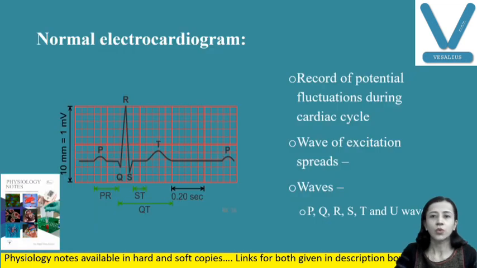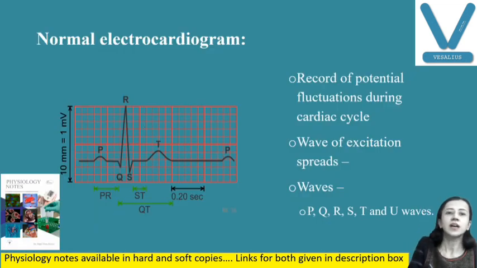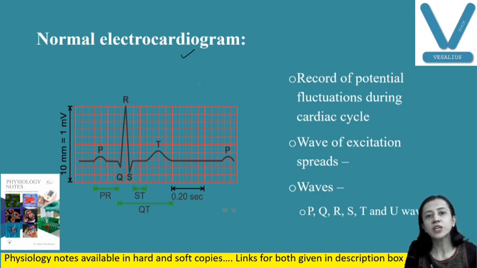Okay. Now we'll discuss today's topic, that is electrocardiogram. We are continuing our topic of electrocardiogram. Today we'll discuss about various waves, segments and intervals of ECG. Okay. Now, what is ECG? It is the record of fluctuations in the potentials during cardiac cycle.